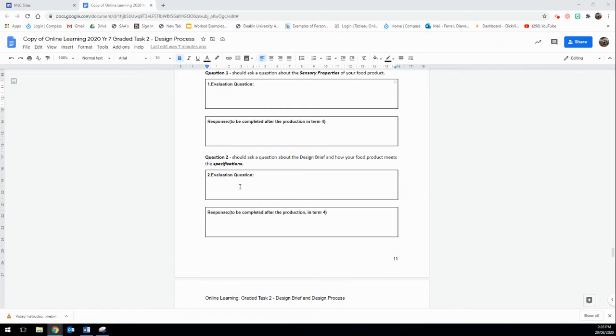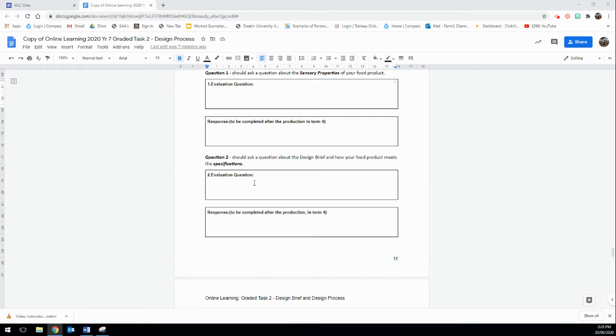Question 2, okay, you would need to reflect this question and focus this question on the specifications in the design brief. So the specifications in the design brief were the things that are constraints and considerations. So you would need to go back up to the design brief or anywhere in your document and find what they were again.